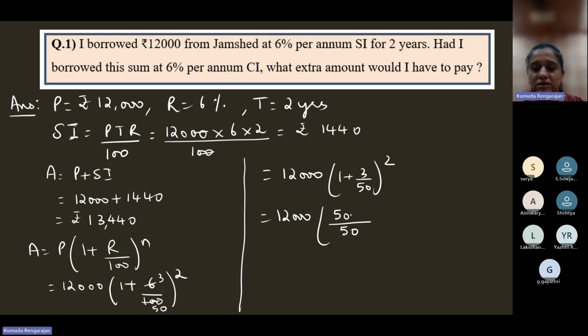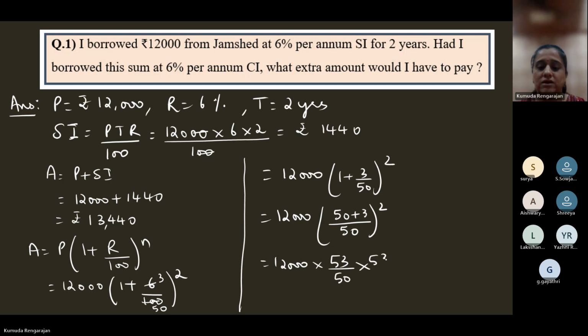So 50 plus 3, the whole square. So 12,000 into 50 plus 3 is 53, 53 by 50 the whole square. So it is 53 by 50 into 53 by 50.